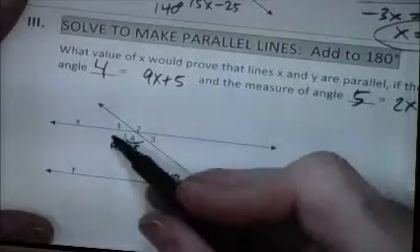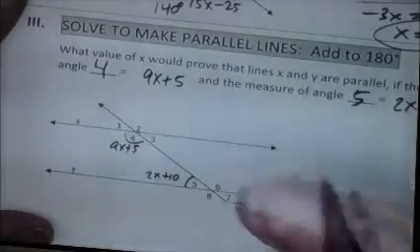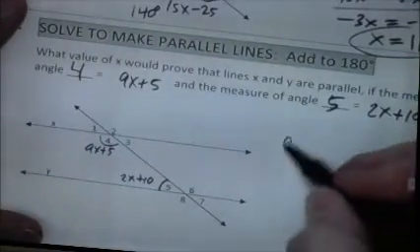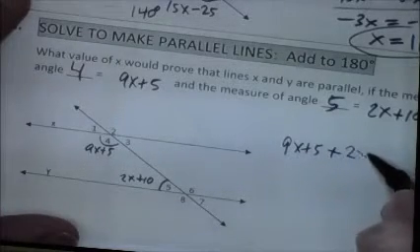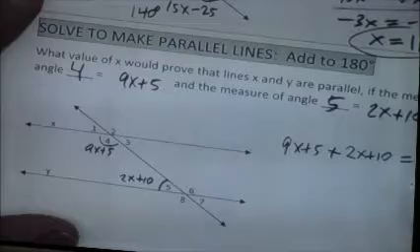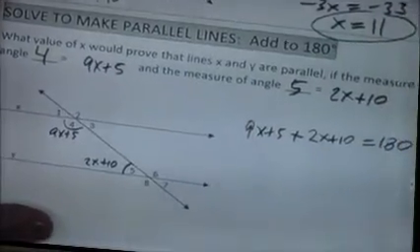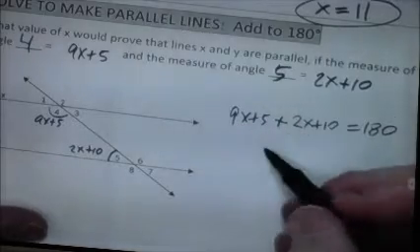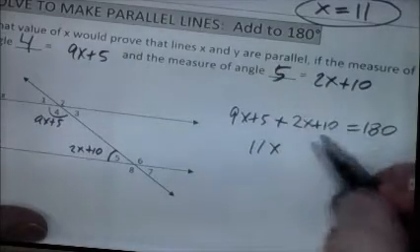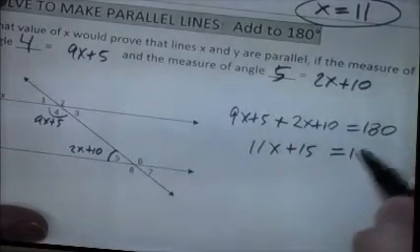In this case, for the consecutive interior angles, they add up to 180. So we're going to do 9x plus 5 plus 2x plus 10 equals 180. And then you work out the math for these. 9x plus 2x is 11x, 5 plus 10 is 15.